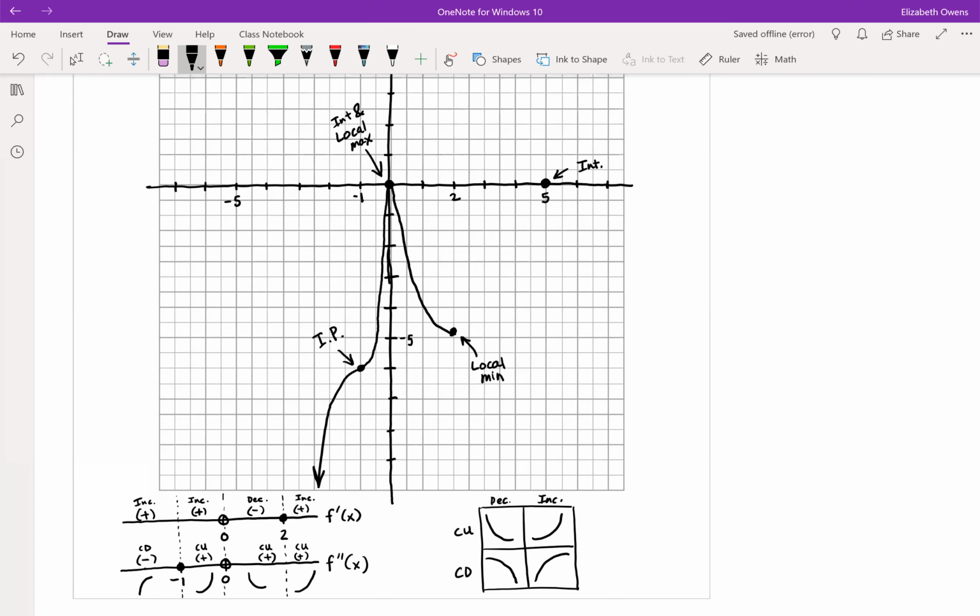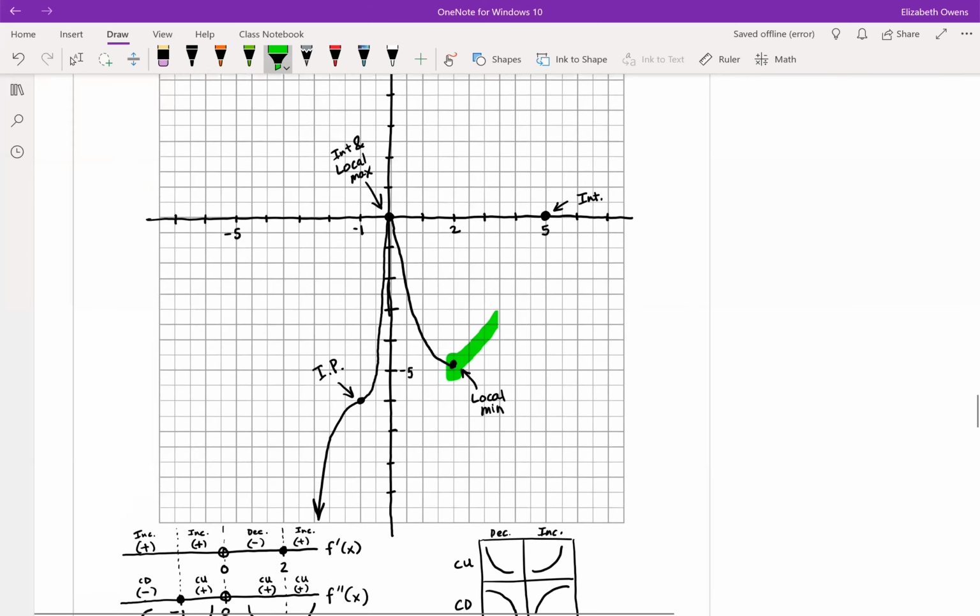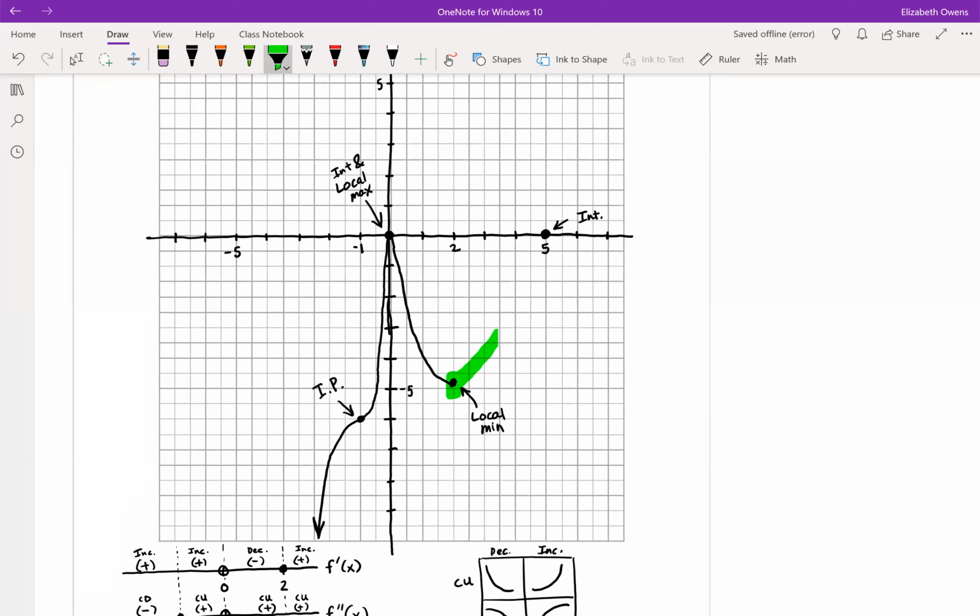And then for the last part, our interval from 2 to infinity, the function is concave up and increasing. It has this type of shape. And we are going to be starting from our local minimum right here. We're going to be curving up, and you have to make sure that you pass through your intercept, because an intercept is a point on the graph, so your curve needs to go through there.